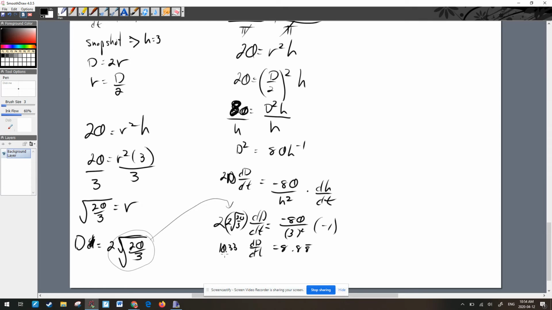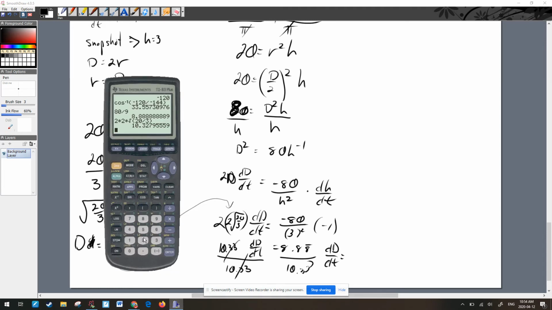I'm going to divide both sides by 10.33, and those guys are going to go away. And we're going to find out then that dd by dt is equal to whatever that expression is. I don't know, like 0.82 or something. So 0.8 repeated.